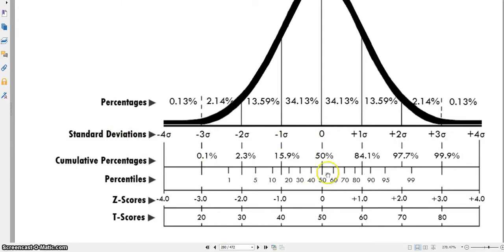Cumulative percentages, 50%, so you're going up from 0, the starting point, all the way up to 99, all the way up towards infinity, 100% of the distribution. Your percentiles, where you are: 50%, you're at the mean. Okay, where you are at 98% at +2, or down to less than 5% at -2.